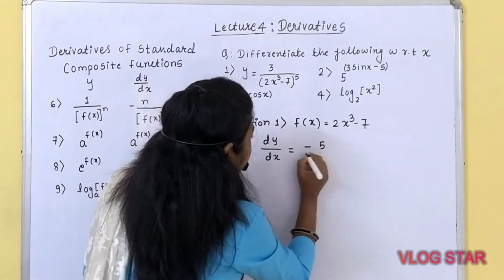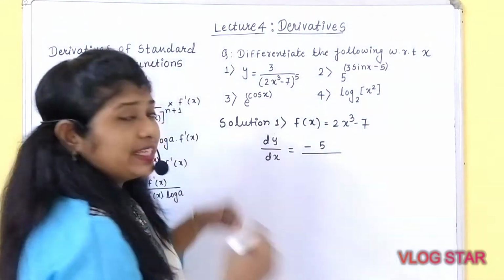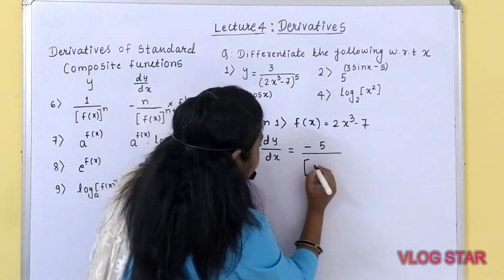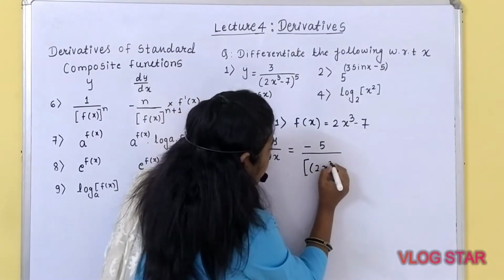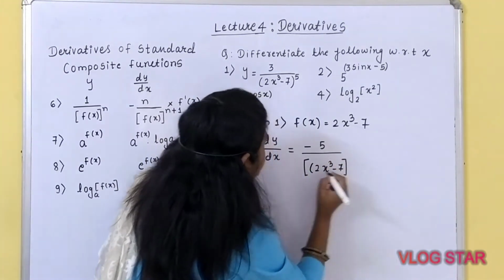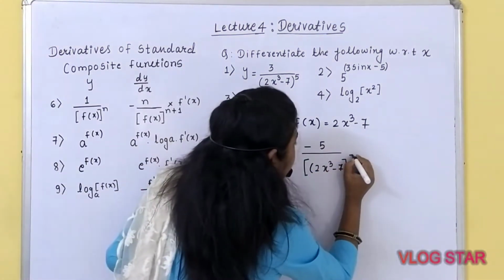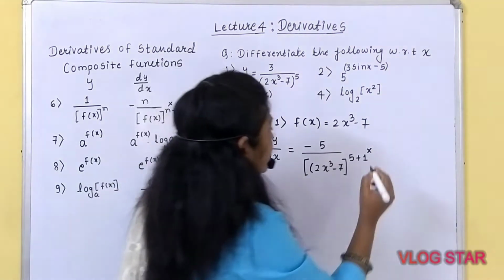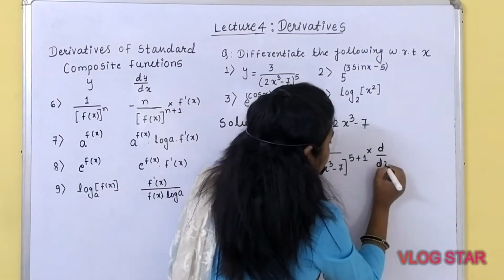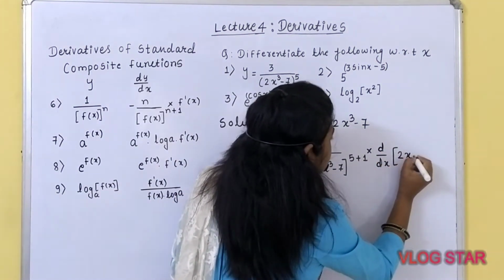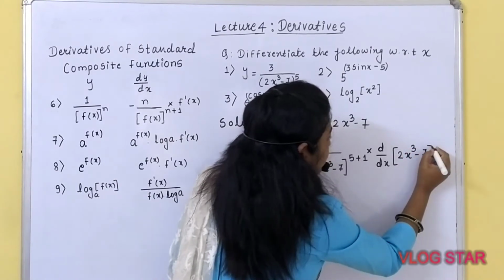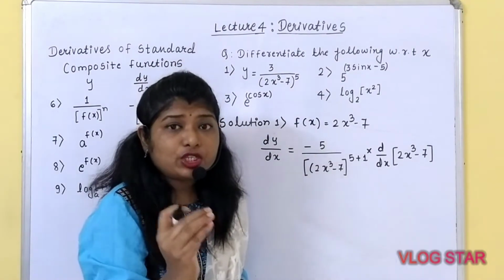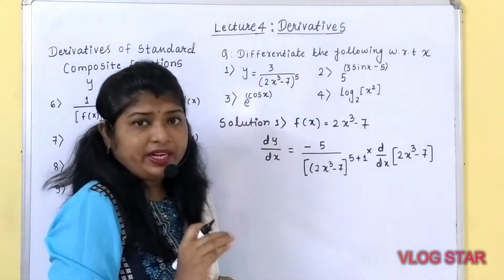It is 5, upon f of x raised to n plus 1, so f of x is 2x cube minus 7 raised to 5 plus 1, into the derivative of f of x. So what is f of x in this case? It is 2x cube minus 7. I hope you have understood how to apply the standard results.